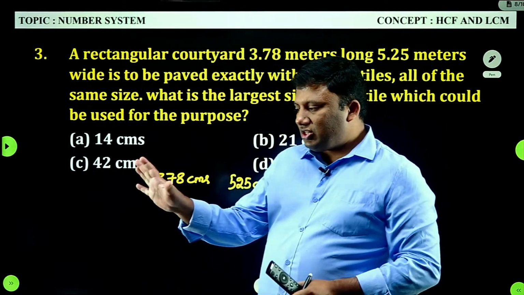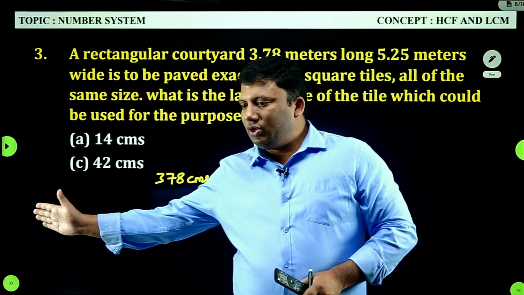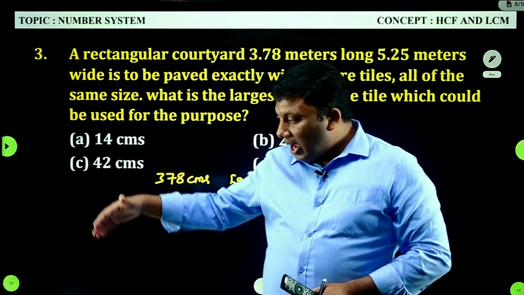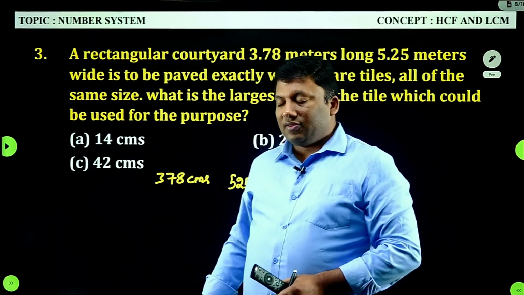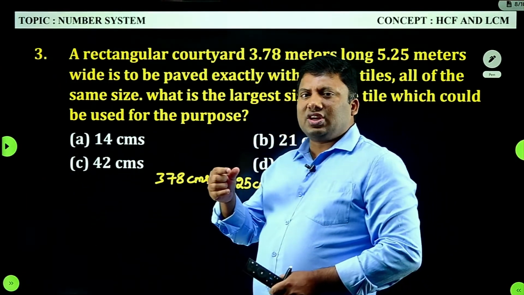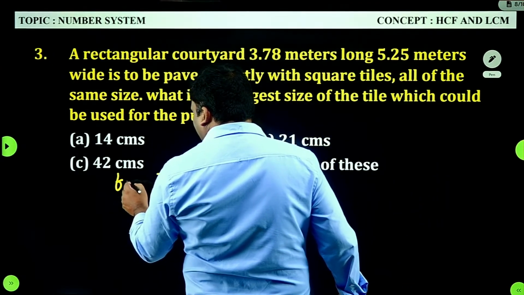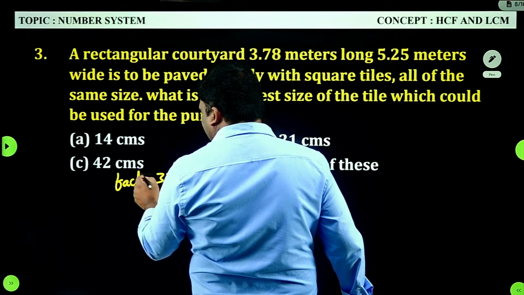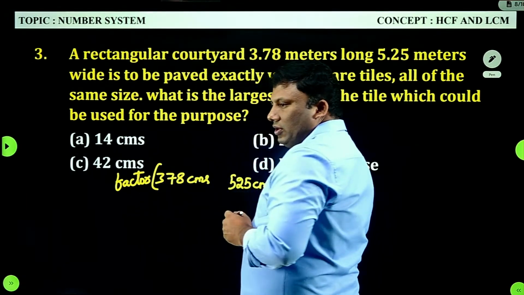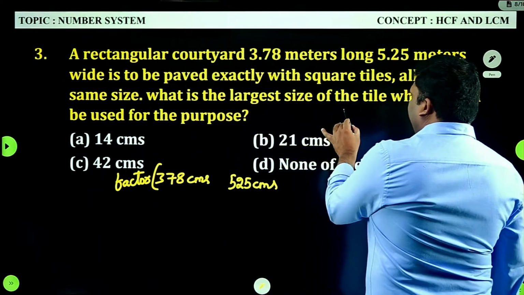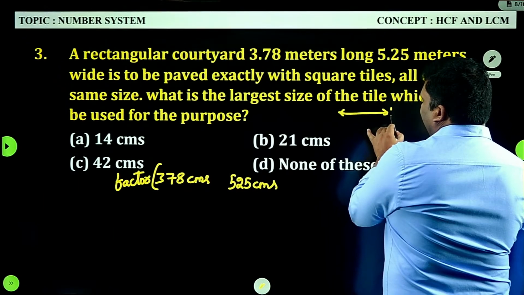So for the largest tile, how many tiles do I have to use to cover the length and to cover the breadth? What is the largest number that will divide a number? That should be a factor. Suppose a 12 centimeters length stick is there.